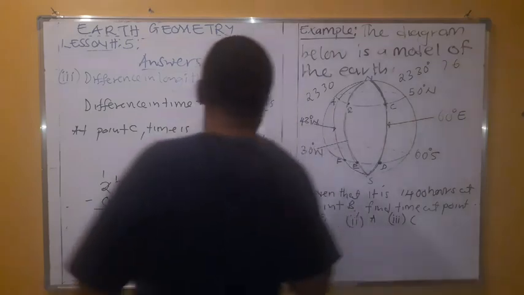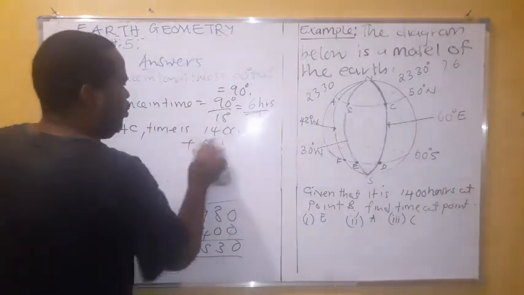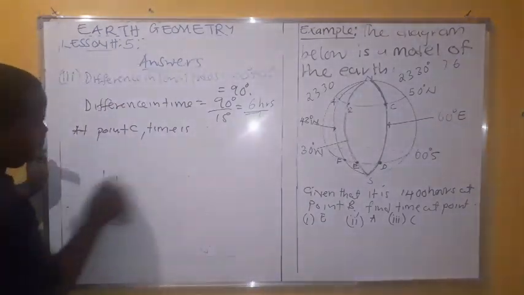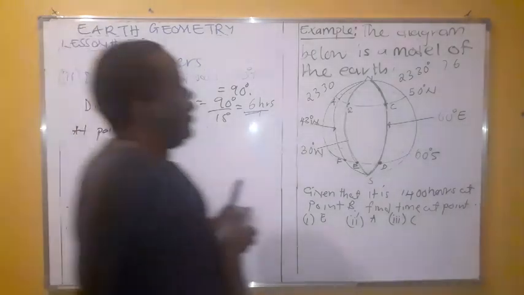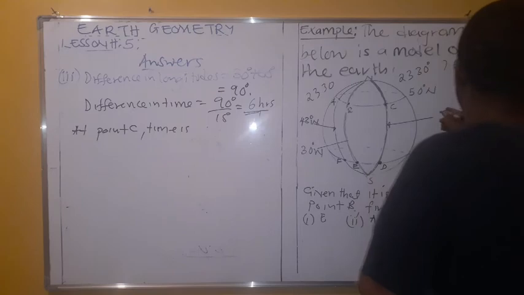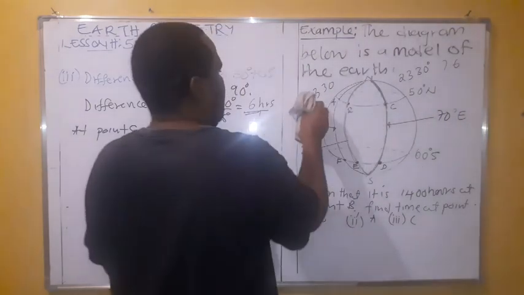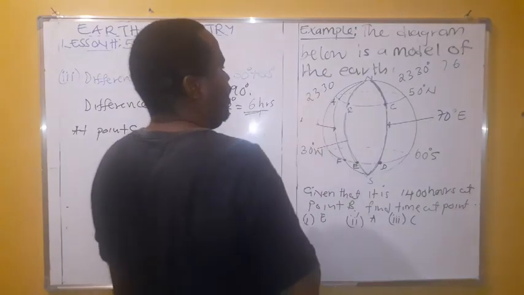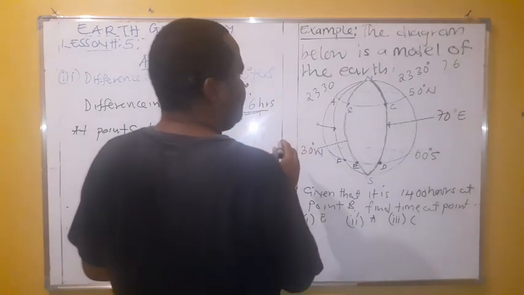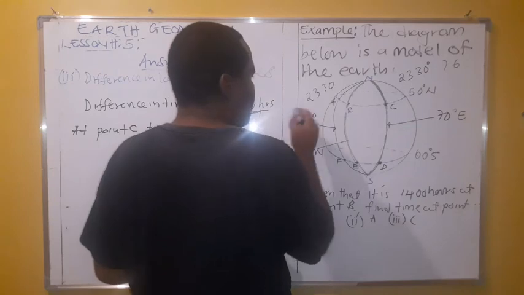Now another situation could be where here it is 70 degrees and here you have 30 degrees.